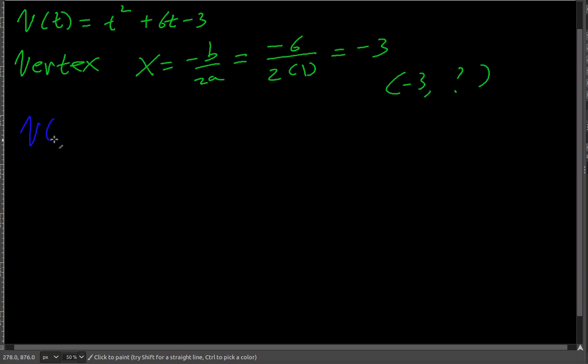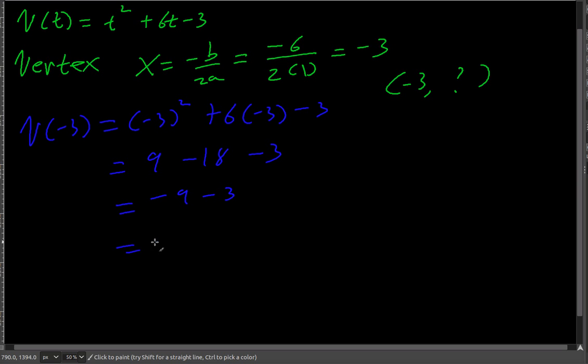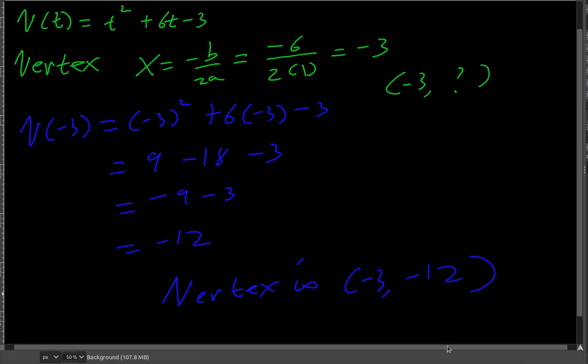So v of negative 3 equals negative 3 squared plus 6 times negative 3 minus 3. That's 9 minus 18 minus 3, which is negative 9 minus 3, and that is negative 12. So the vertex is (negative 3, negative 12).